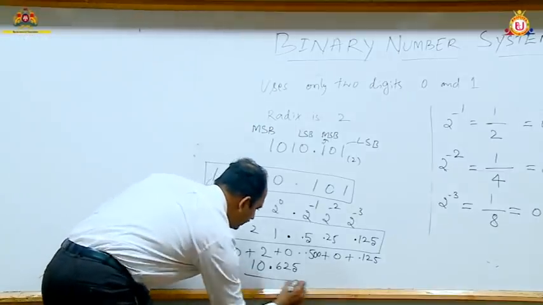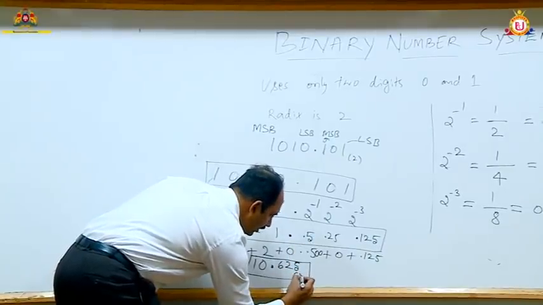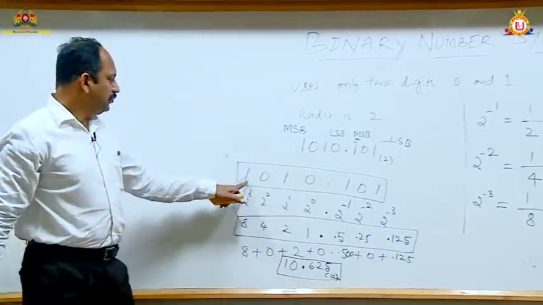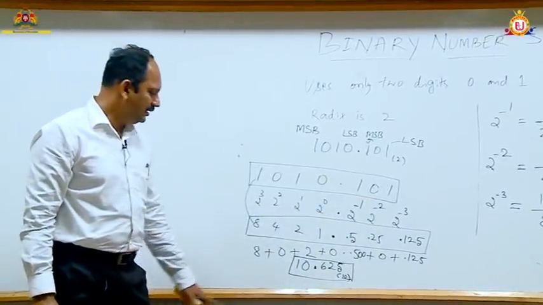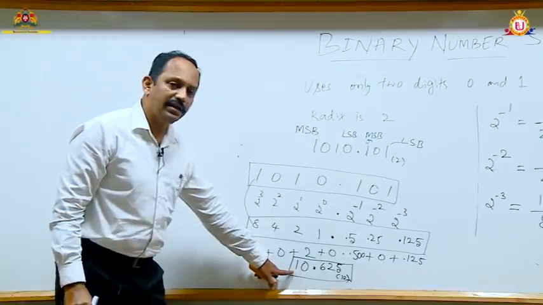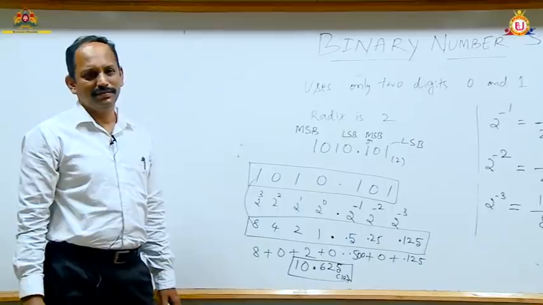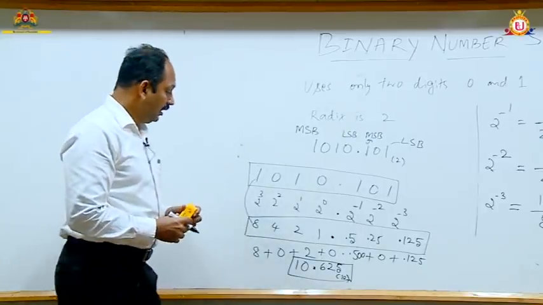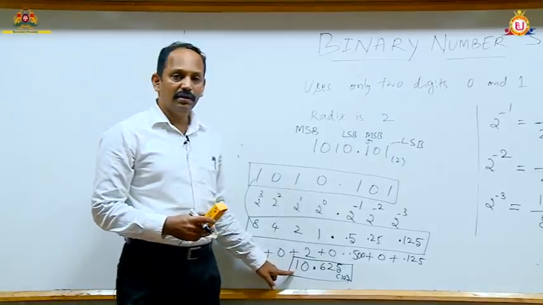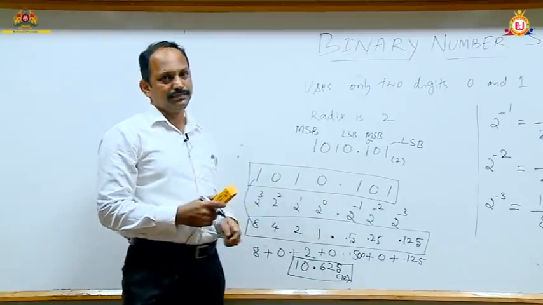So the final answer is calculated. This 1010.101 is actually representing 10.625 of the decimal number. This is how in a computer the entered decimal number is represented using the binary number system.